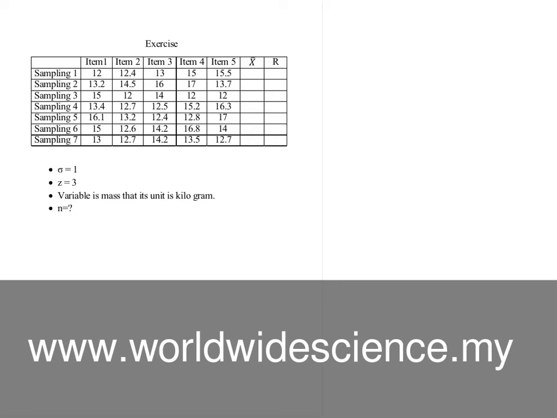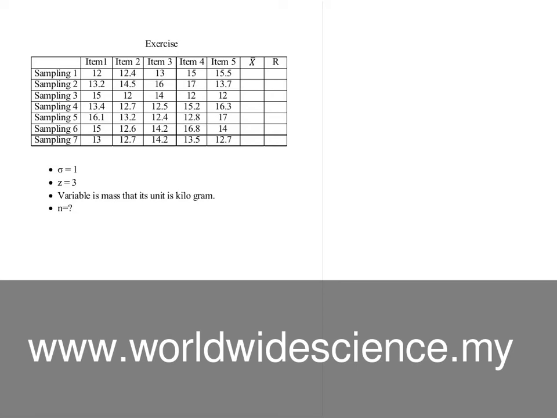You should draw a point, a blue spot, a colored spot that shows you the relation between sampling 2 and its X bar. And also you should do it for sampling 3, sampling 4. So you have 7 spots or points on this diagram. Each point shows the relationship between the sampling number and its X bar.